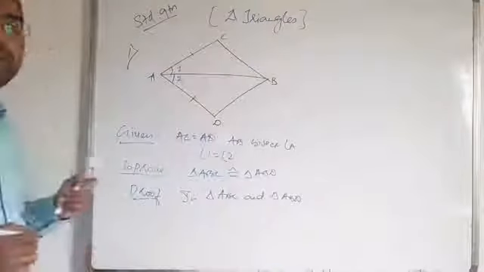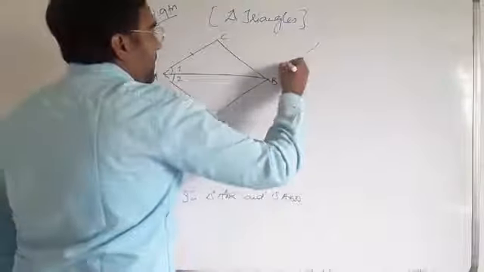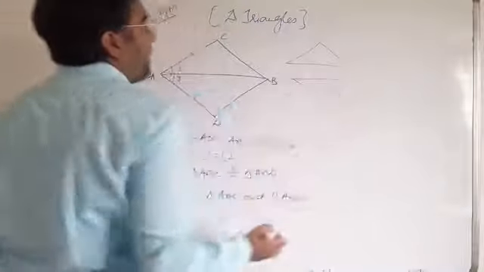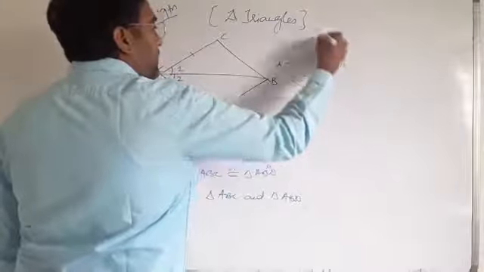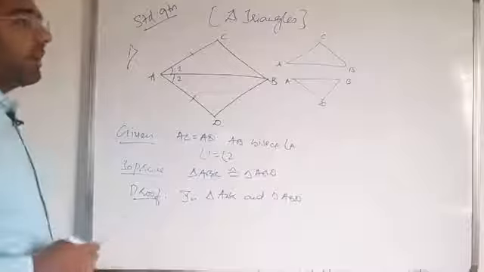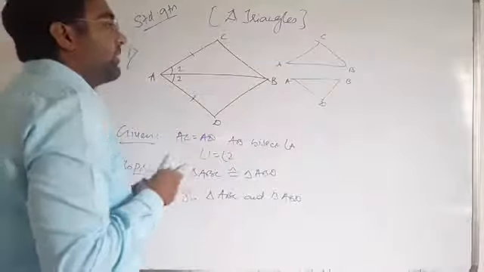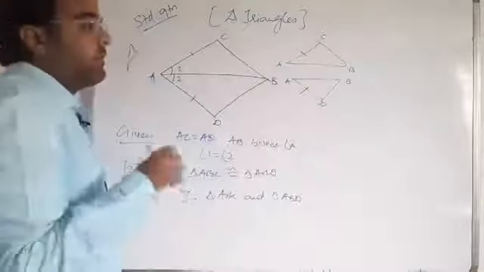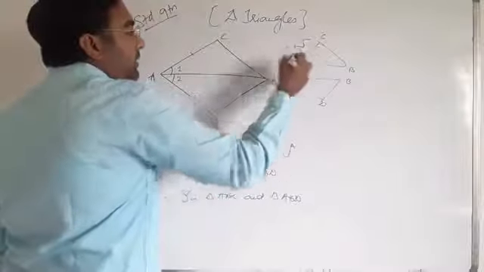I split these two triangles to understand better. In these two triangles, you see that one side of each triangle, AC and AD, are equal, given.